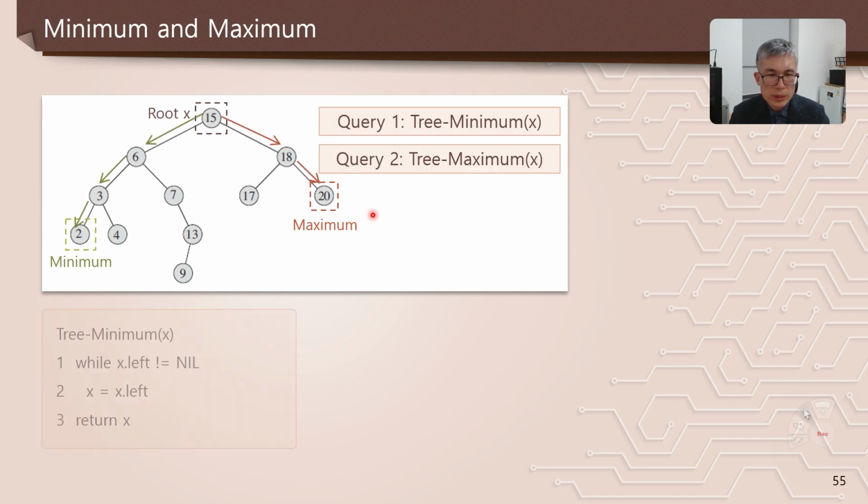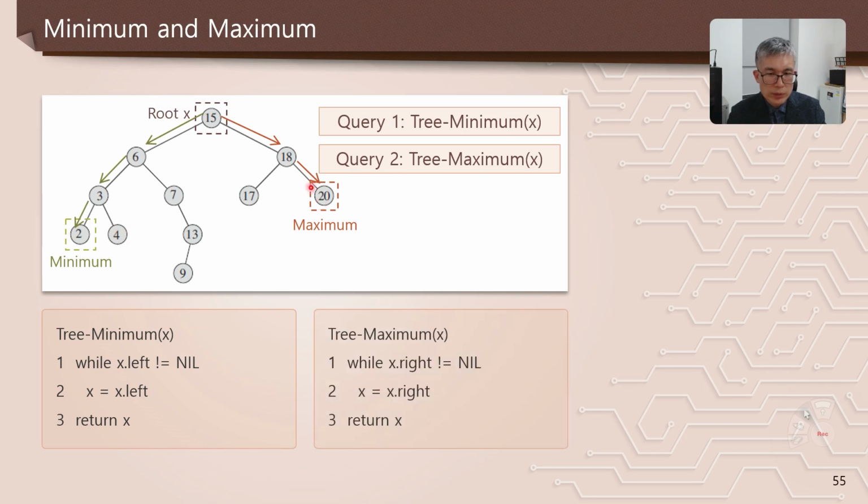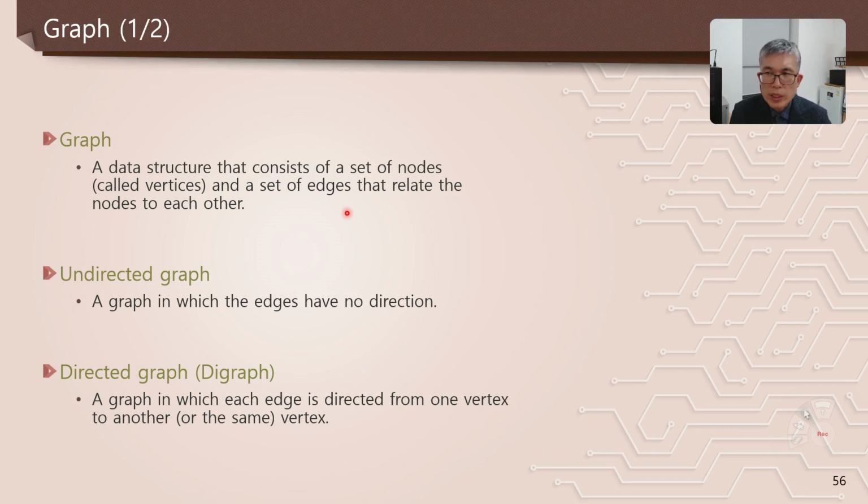We can implement it as a loop until x.left is nil, so we can traverse, and when left is nil, this is returned. For the rightmost case, while right is not nil we continue, and when right is nil, this value x is returned.